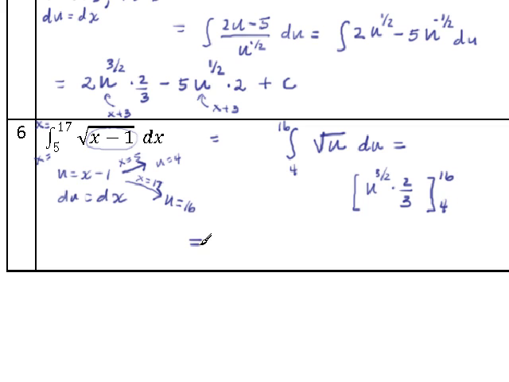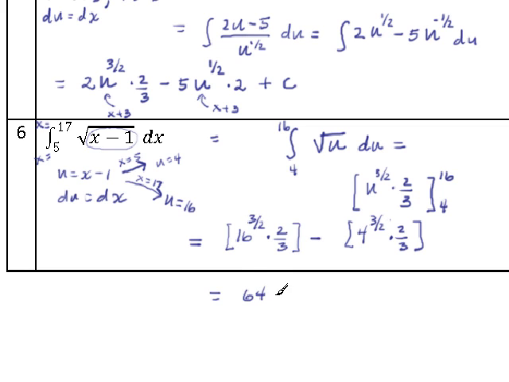First substituting in 16: 16 to the 3/2 times 2/3 minus 4 to the 3/2 times 2/3. All right, so what do we have here? 16 to the 3/2, 16 to the 1/2, that's the square root of 16, which is 4. 4 cubed is 64.